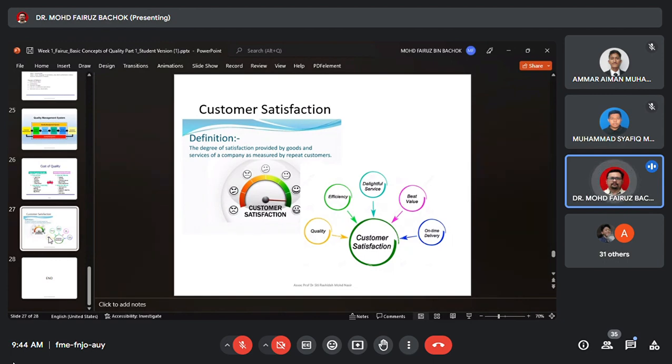In my motor experience, the customer is always right, because of the satisfaction they need. We should fulfill their need and satisfaction, because they are the people who pay for our service or our product. By definition, customer satisfaction is the degree of satisfaction provided by goods and services of the company as measured by repeat customers.